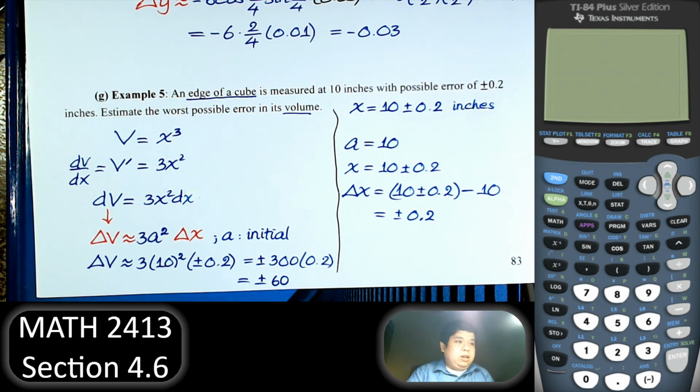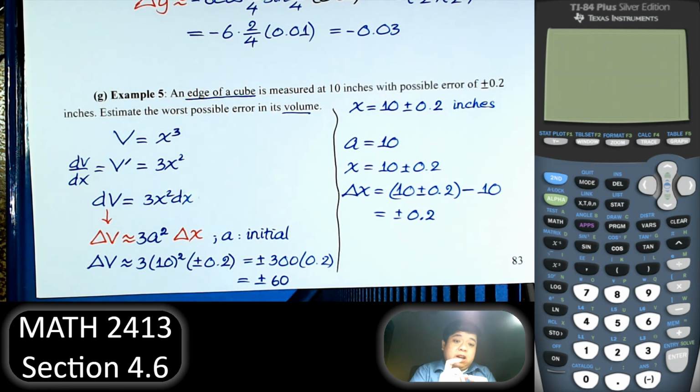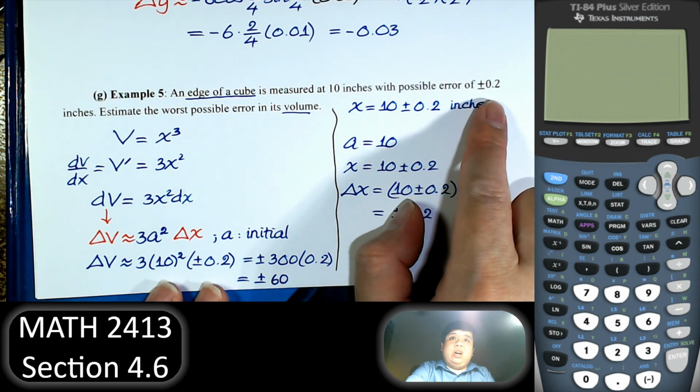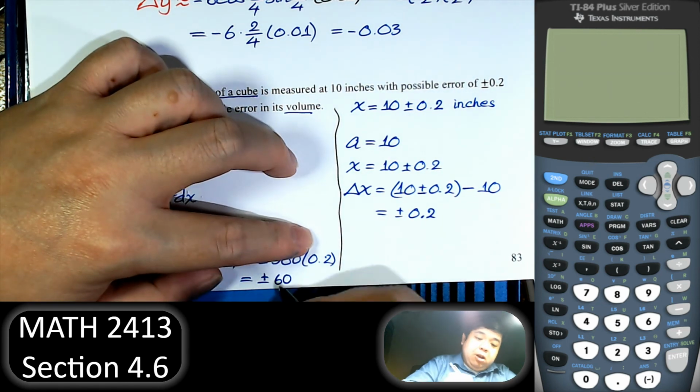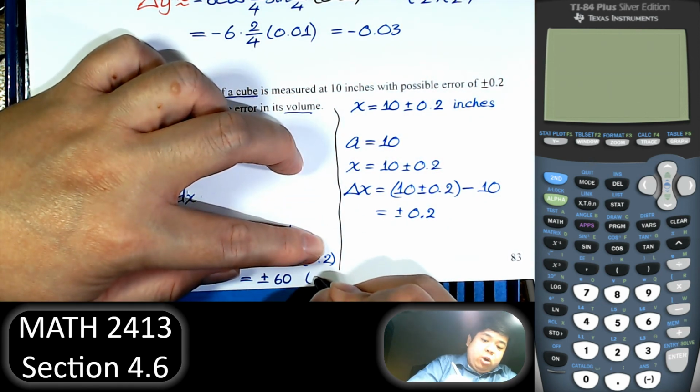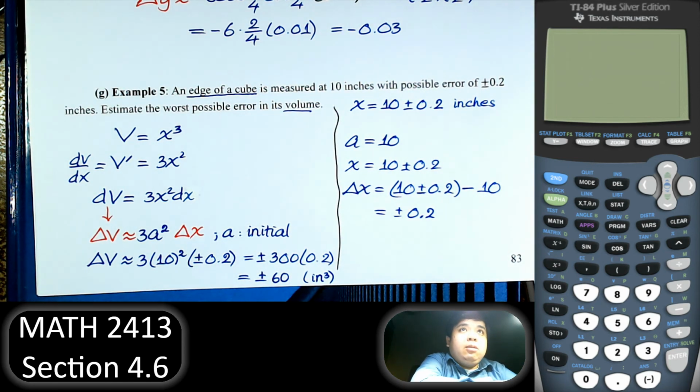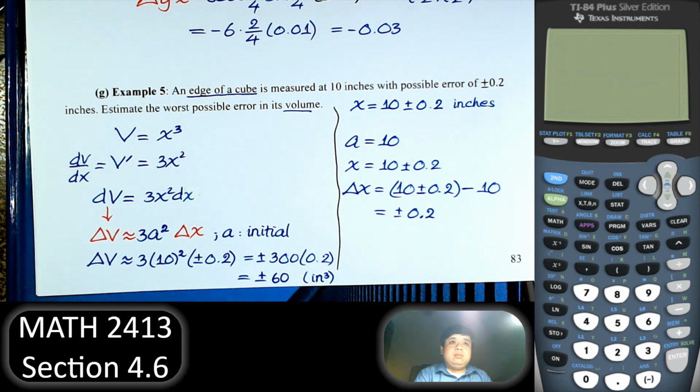Right, so as you see, even though the error is just 0.2 inches, the change in volume is about plus or minus 60. The unit here will be inches cubed, because one measurement is in inches, the volume will be in cubic inches. So, of course, that is the significance of the problem.